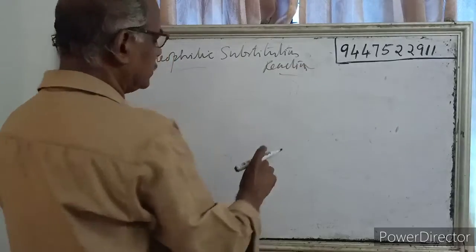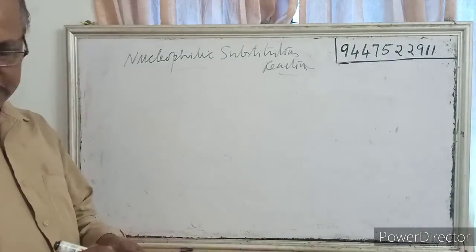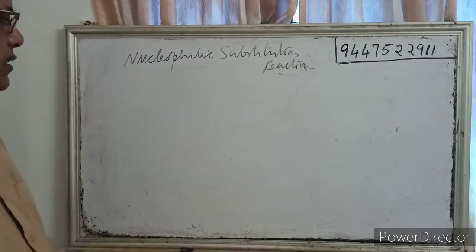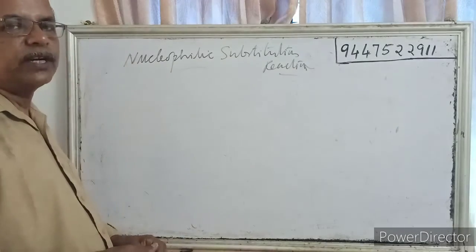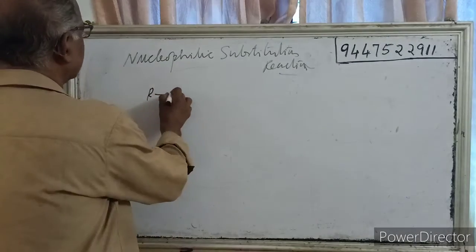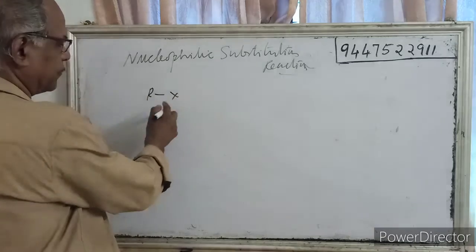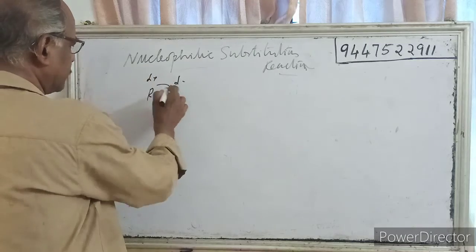Nucleophilic substitution reaction. You have studied what a nucleophile is, what an electrophile is, etc. Coming to nucleophilic substitution reactions, in alkyl halides, due to the high electronegativity of the halogen atom, there will be a shift of electrons, giving delta negative and delta positive.